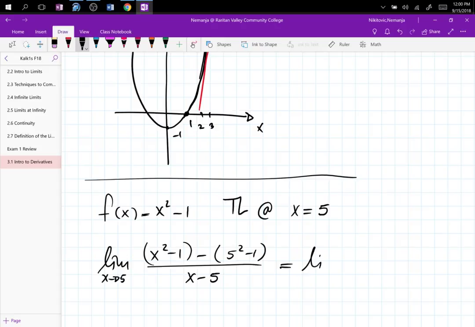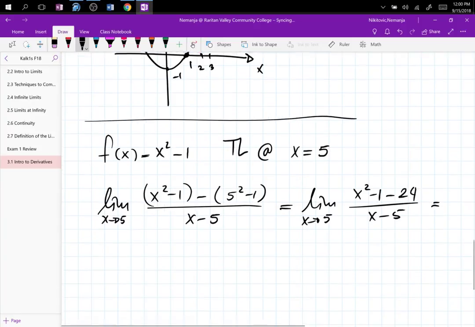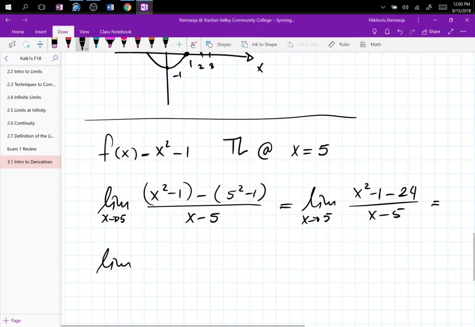So now we have the limit, x goes to 5, of x squared minus 1 minus 24 over x minus 5, which is the limit x goes to 5 of x squared minus 25 over x minus 5.